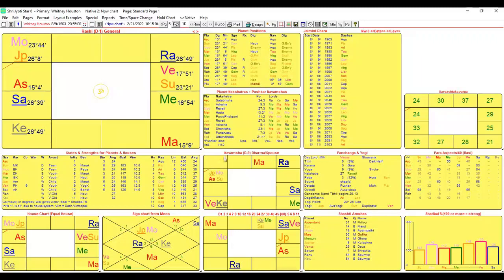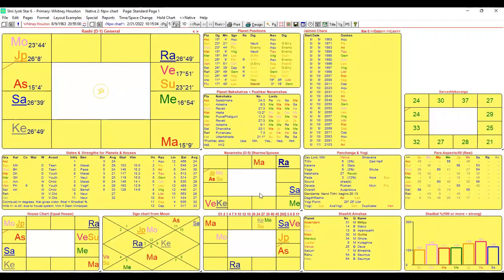We have to convert that Shadbala score ultimately into a score that we call rupa. That is the ultimate thing in Shadbala. So if we see in rupa terms, Mars and Mercury both are losing strength. Mercury is one of the weakest planets in this chart.